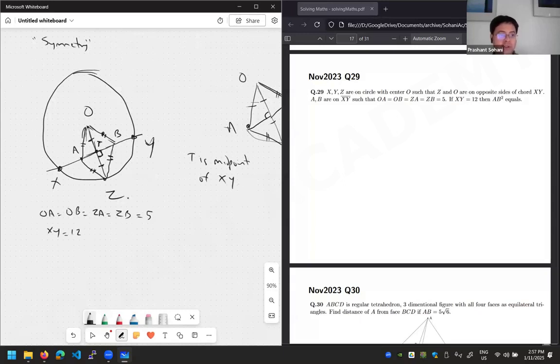T has to lie halfway between X and Y. It is a theorem also that if the line is perpendicular, then it passes through the midpoint, which you already know. So in either way, even if you don't know the proof, you can prove it also. It is not difficult. So therefore, basically what it means is that XY is 12, so half of that, XT, will be 6, right? Okay, so I know this length is 6.